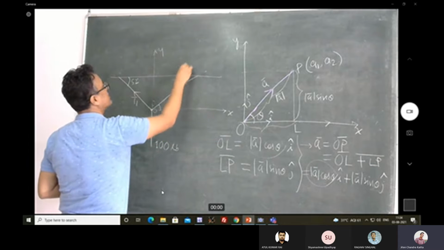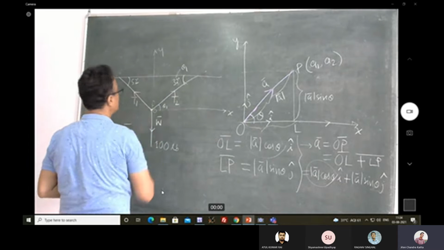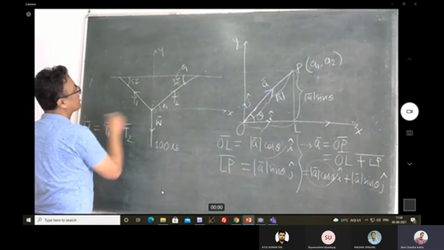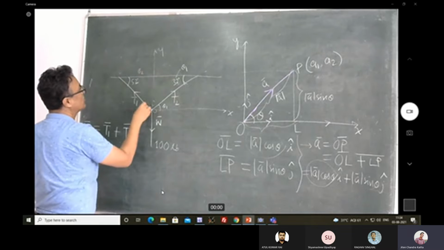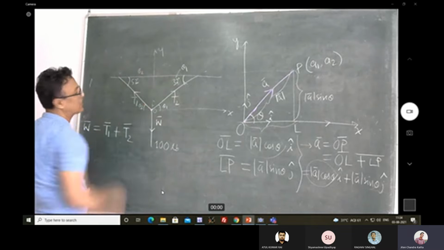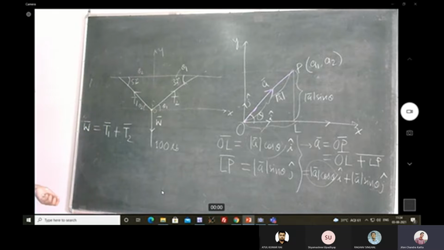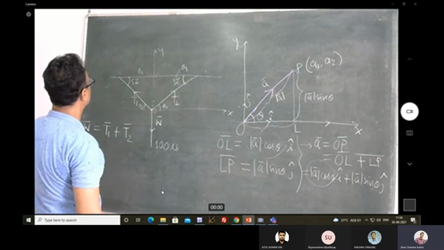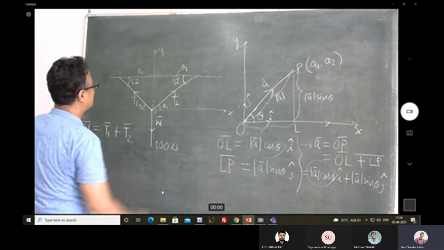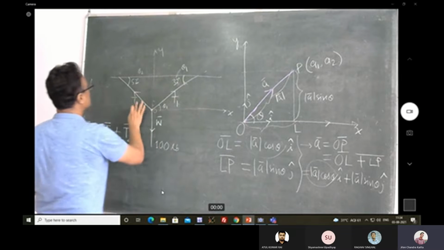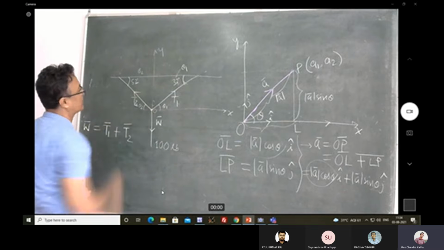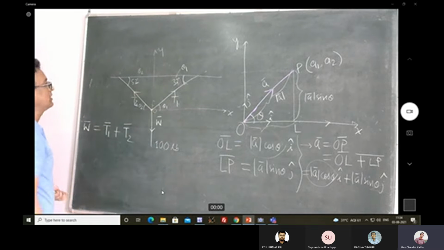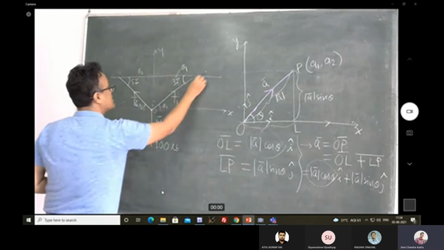If I call this theta 1, this is theta 1. And if this 52, I call it theta 2. So this angle is going to be theta 2, being opposite angles. Okay. So then, just a minute. Let me call this T1, call this T2, so that I'm consistent with theta 1 and theta 2. Okay. Fine. So then, what is going to happen?